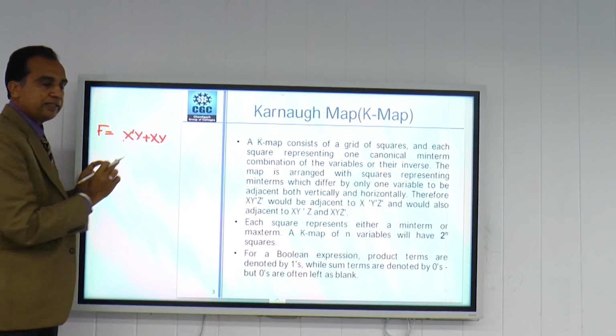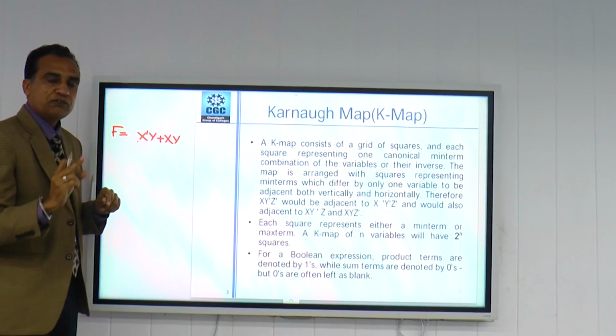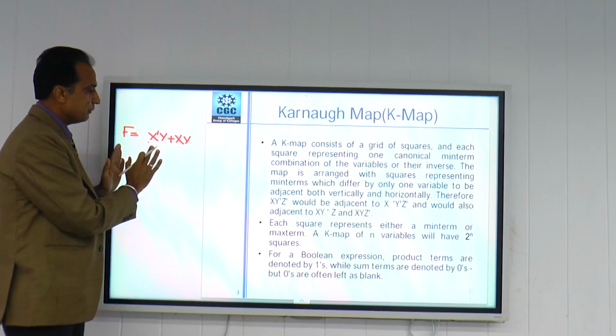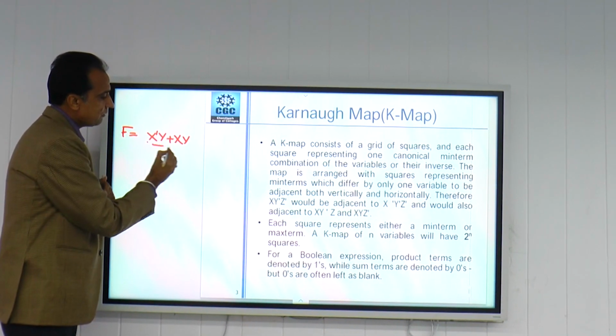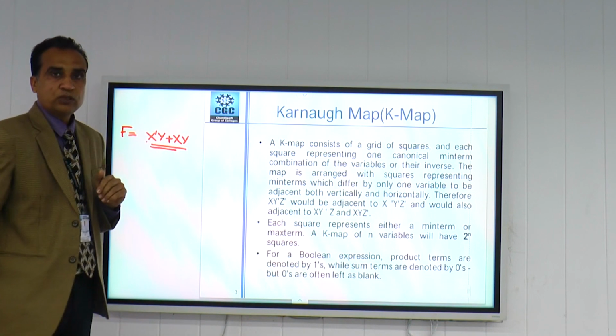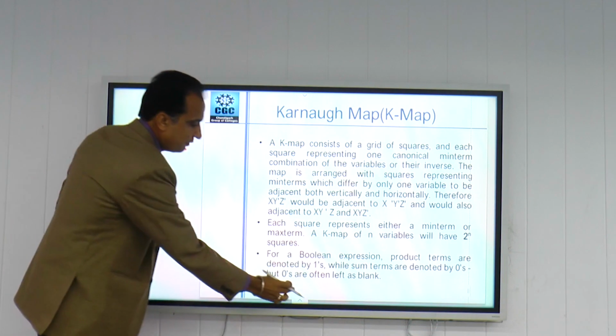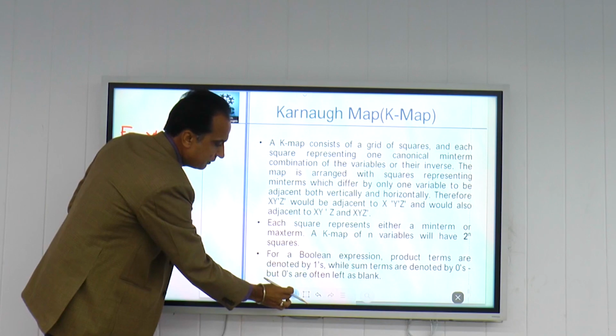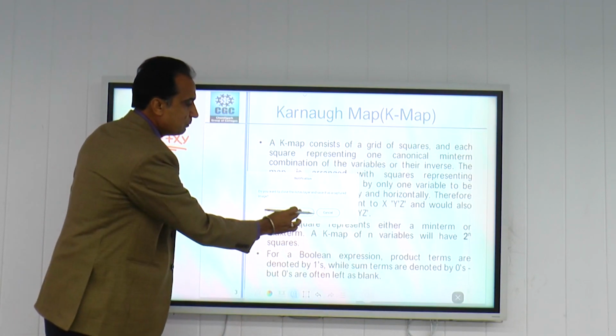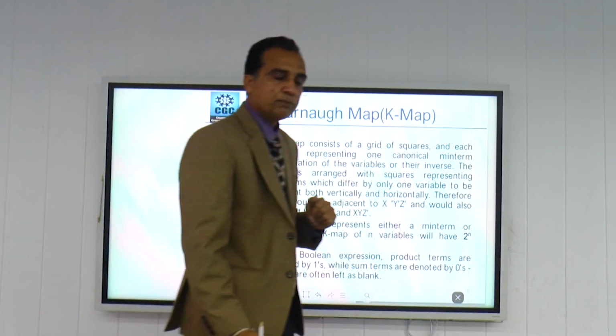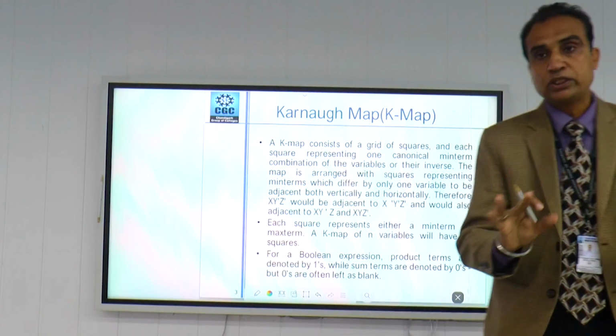Each element contains the 2 variables in the form of complement or the variable itself. Now this equation is in canonical form. This is the first requirement of the K-map. When we are going to solve Boolean expressions using K-map, the equation should be in canonical form.